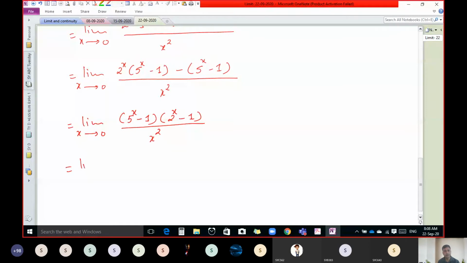Now tell me, if it is like this, a into b upon c square, can we write this equal to a upon c square into b upon c square? Is it true? Check it once again.